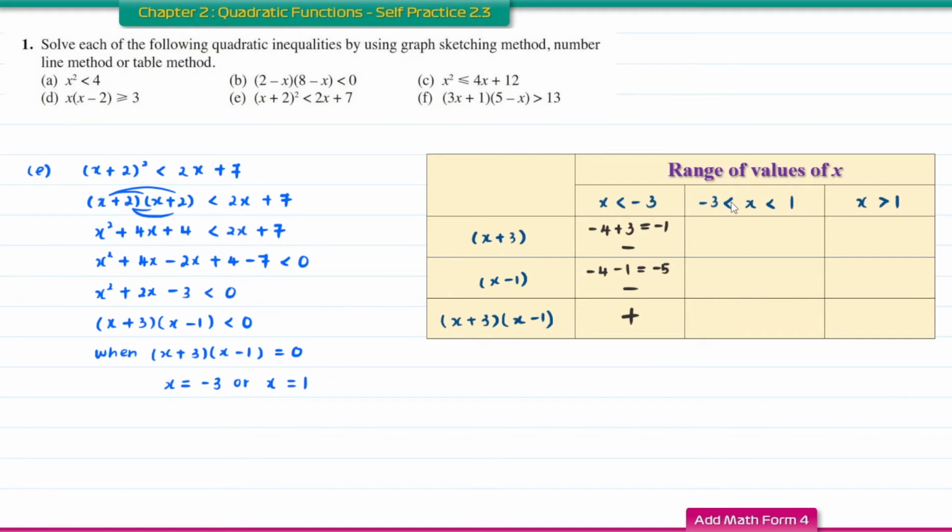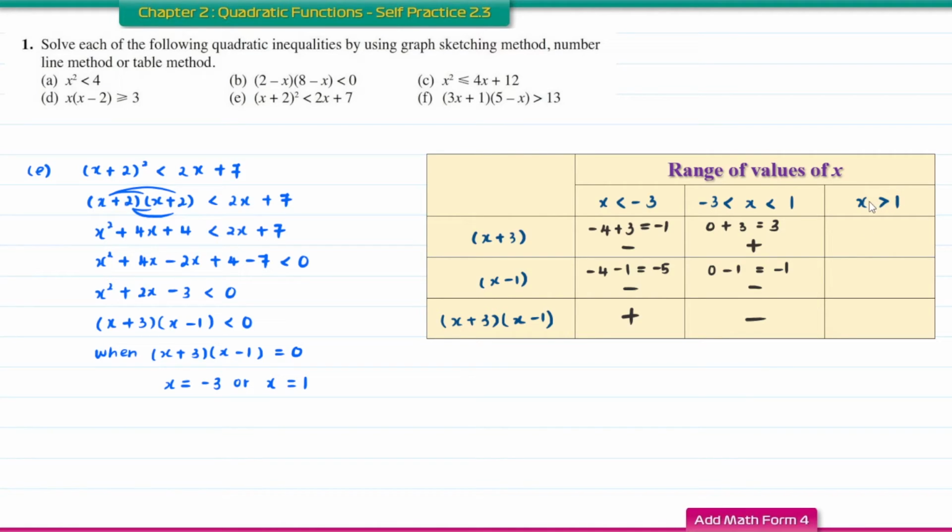And for this range, x is in between negative 3 and 1. So I'm going to choose number 0 to fill in into the x. So 0 + 3 equals 3, which is a positive answer. And 0 - 1 gives you negative 1, which is a negative answer. So when these two brackets multiply each other, a positive multiplied by a negative number gives a negative answer, which is less than 0.